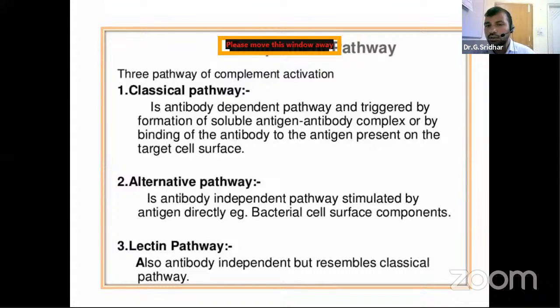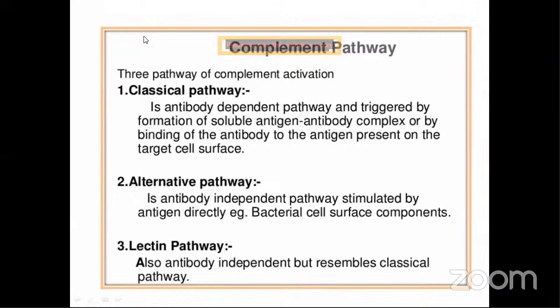The alternative pathway is an antibody independent pathway stimulated directly by the antigen, the bacterial cell surface components. This is the first pathway, the antibody dependent pathway, but the second pathway is antibody independent. This pathway can directly attach to the antigen in the absence of antibody. The lectin pathway is also an important antibody independent pathway, but it resembles the classical pathway in view of the complement proteins.